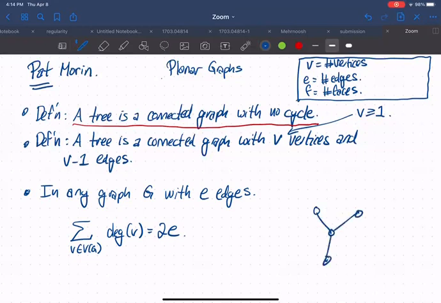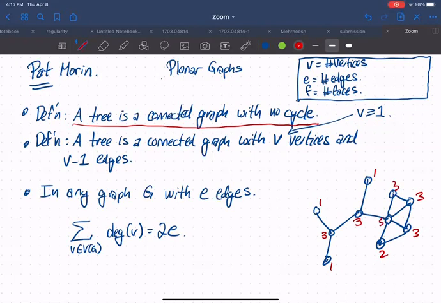So the degree of a vertex is just the number of edges incident to that vertex, right? So in this picture, this vertex has degree 3, this has degree 3, 1, 1, 1, 2, 3, 3, 3, and 1, 2, 3, 4, 5 at this vertex.